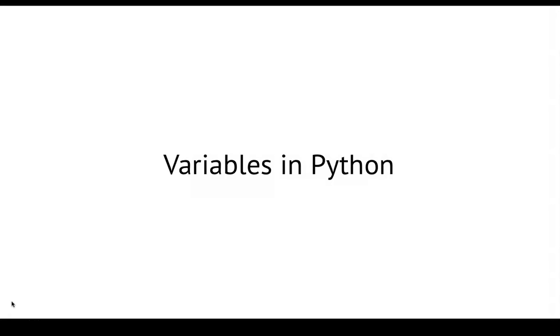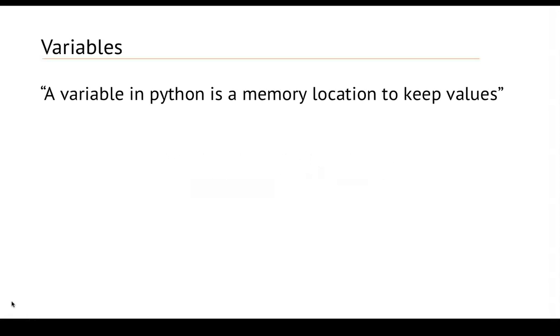Now let's see variables in Python. A variable in Python is a memory location to keep some values. It can be an integer, for example 1, 2, 3, 4, etc. Or it can be a float, for example 1.5, 2.4, 5.8 and so on.